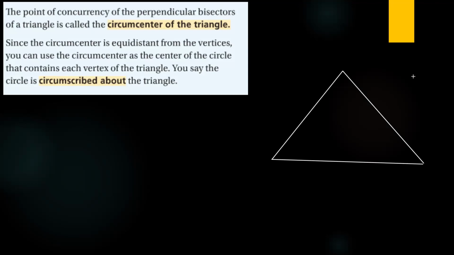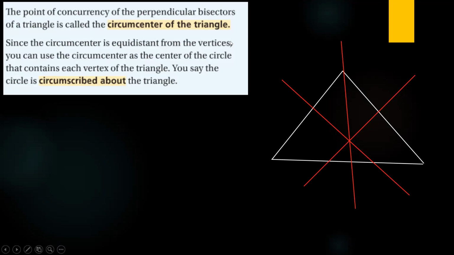So it will be perpendicular on the first side, perpendicular on the second side, and perpendicular on the third side. From their name, perpendicular means that they are perpendicular on each side. That's why we call it perpendicular bisector.